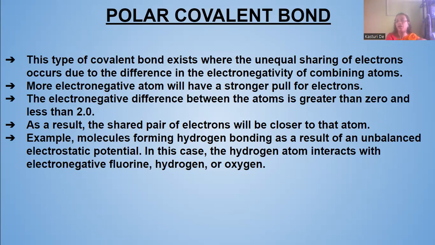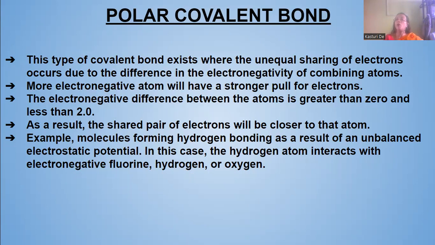The electronegativity difference between the two atoms should be greater than 0 and less than 2. As a result, the sharing of the electrons will be closer to that atom.